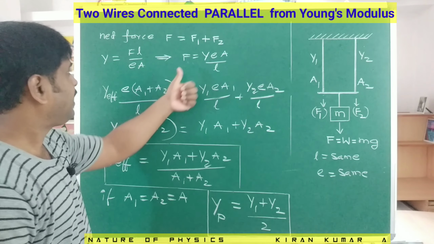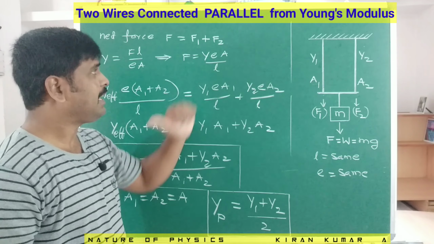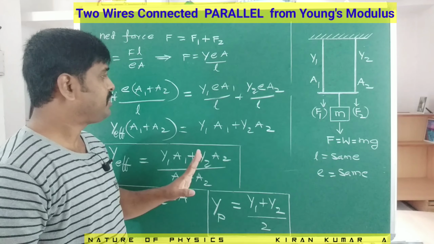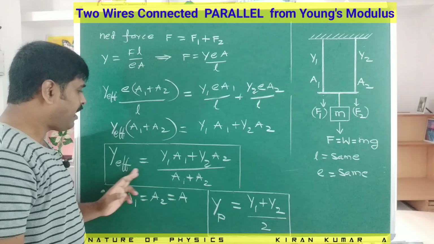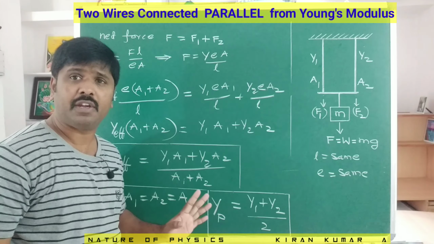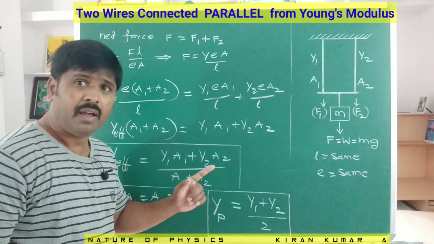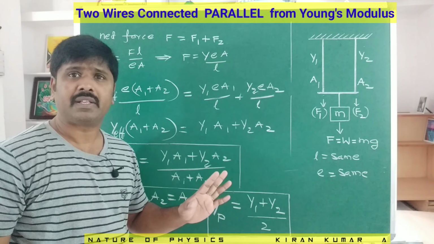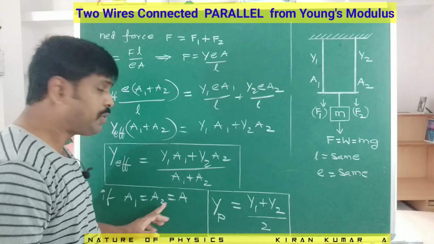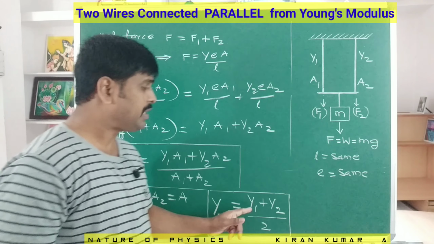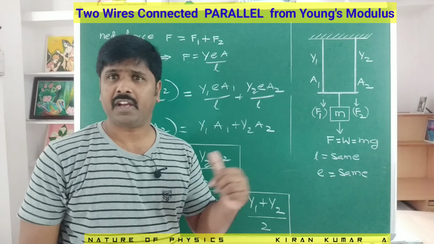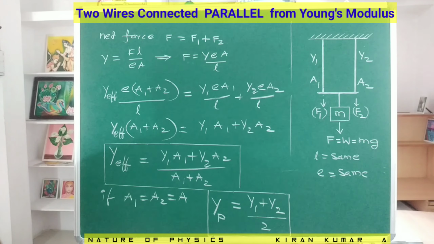Here we got force equal to Y E A by L, and E by L is constant, replacing we got Y effective equal to Y1 A1 plus Y2 A2 divided by A1 plus A2. If both areas are the same for the wires, then we can take A1 is equal to A2 is equal to A, then the resultant equation is Y1 plus Y2 divided by 2.